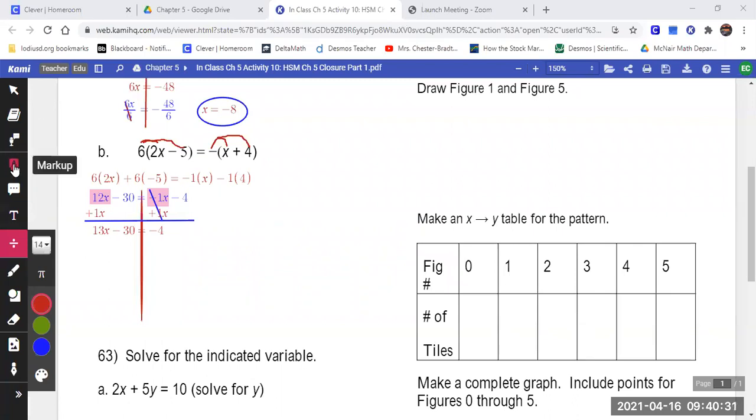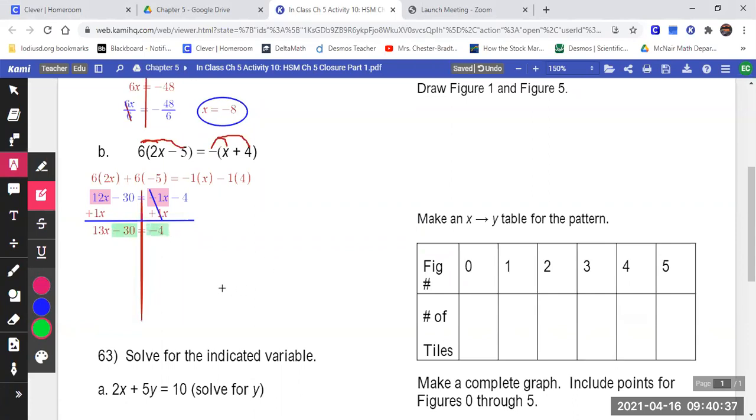So let's go look at our numbers that we have to work with. We have this negative 30 and the negative 4. Now, do we use the same rule for the numbers as we do for the letters, that the bigger one moves? Do we do the same rule for the numbers as we do for the letters? Move the smaller one?